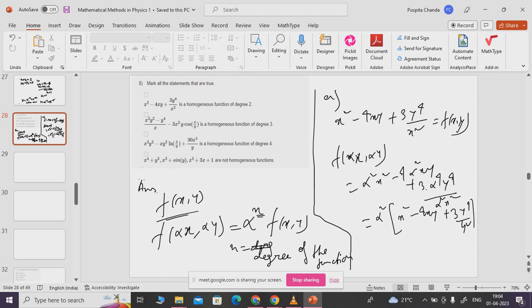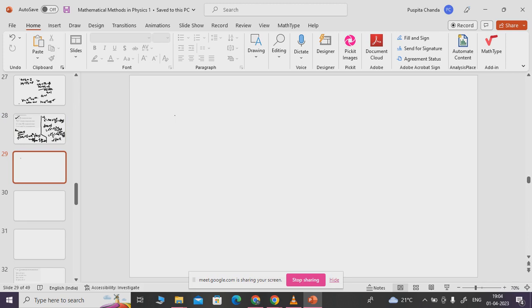We can write it as x square minus 4xy plus, here alpha to the power 4 by alpha square is alpha square, so 3 into y to the power 4 by x square. So alpha to the power 2 into the function of xy. So it is right, degree of 2.